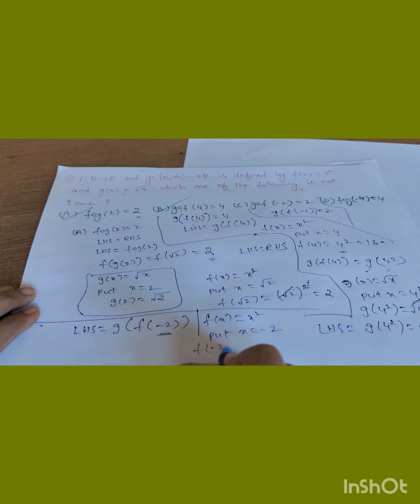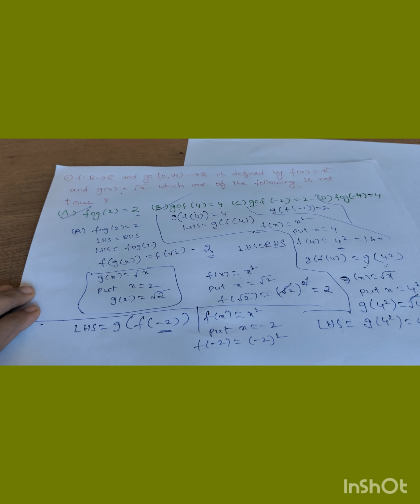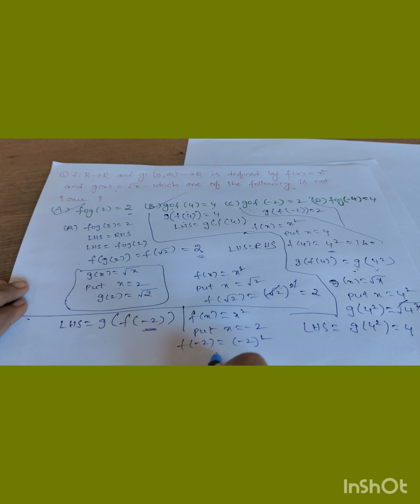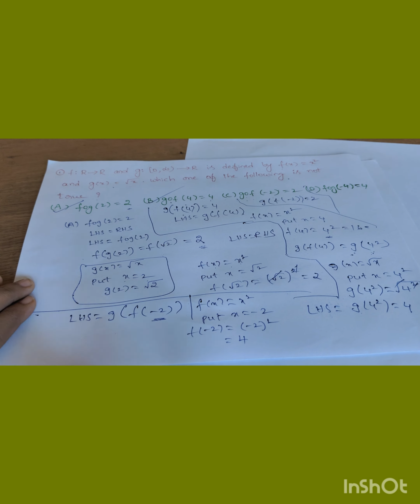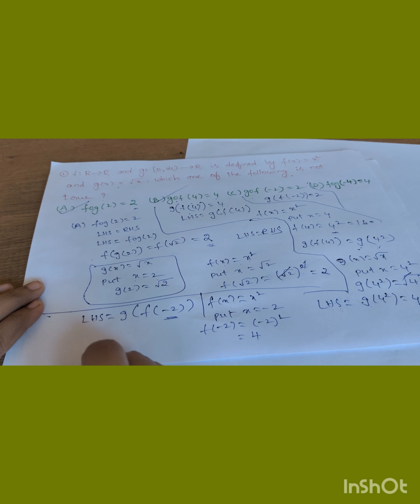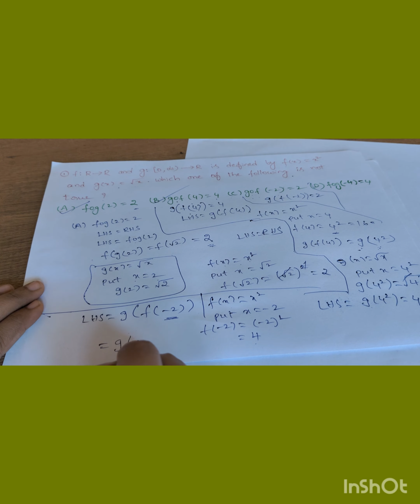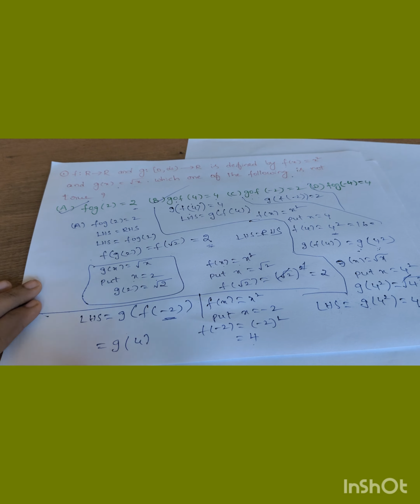Then f of minus 2 is equal to minus 2 whole square, which is plus 4. Now write this 4 in the place of f of minus 2. g of 4. According to the question, g of x is root x.